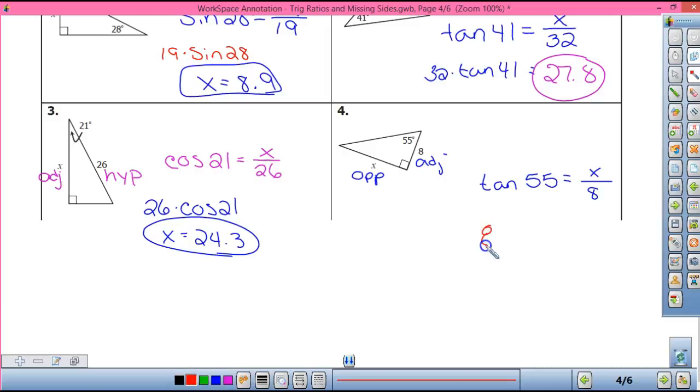Okay, so 8 times the tangent of 55. What is it? 11.4. Sorry. Okay, does it make sense? Yep, so we're good.